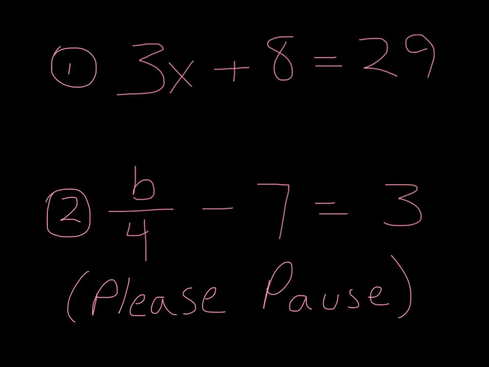Here are the 2 problems: number 1 is 3x plus 8 equals 29, and number 2 is b divided by 4 minus 7 equals 3. Please pause the video, write out both these problems, and try to solve for the variable, x for number 1 and b for number 2, and then we'll go through the answers together.